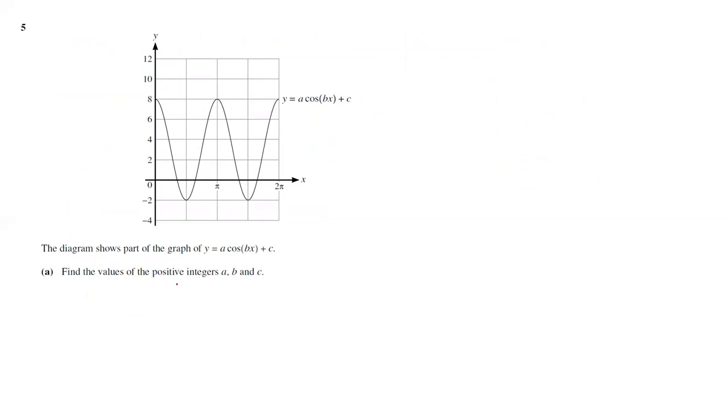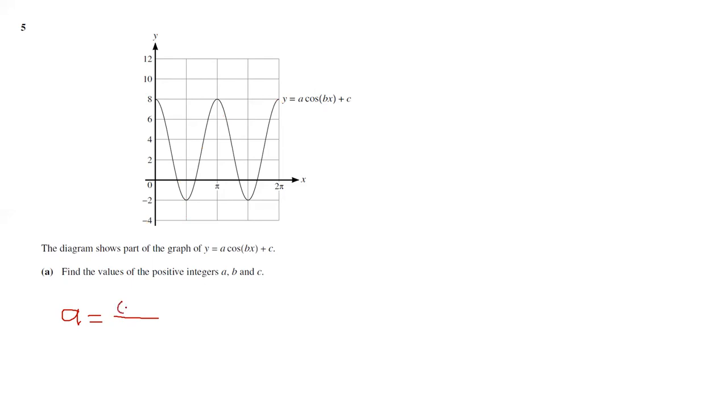The diagram shows part of the graph of y equals a cos bx plus c. Okay, this graph. Find the values of the positive integers a, b, and c. Now for a, the maximum of y is 8 and the minimum is negative 2.